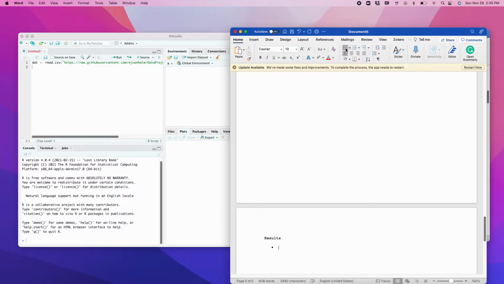So I often start the results section by saying, in this paper, I studied predictors of health insurance rates at the county level.